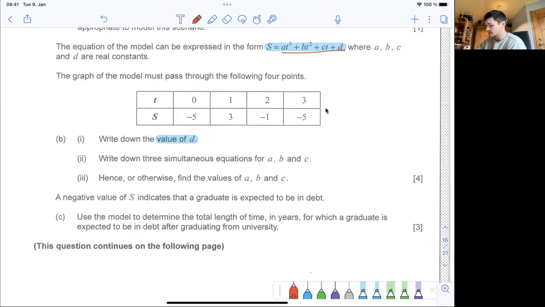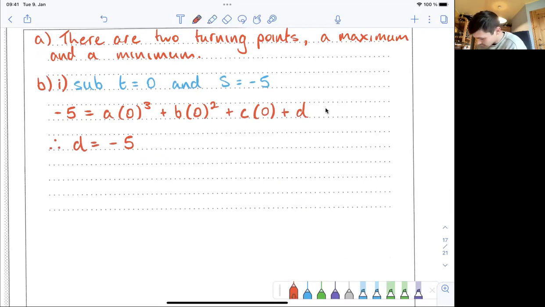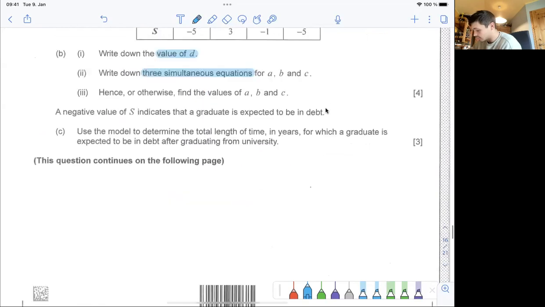All right, let's go do that. And here we'll say the 3 simultaneous equations for A, B, and C. So our first one is when T is equal to 1, S is equal to 3.